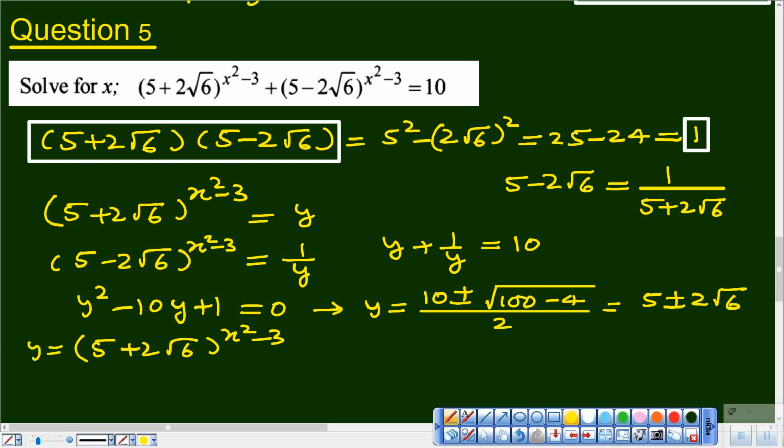I take the positive first, 5 plus 2 root 6.